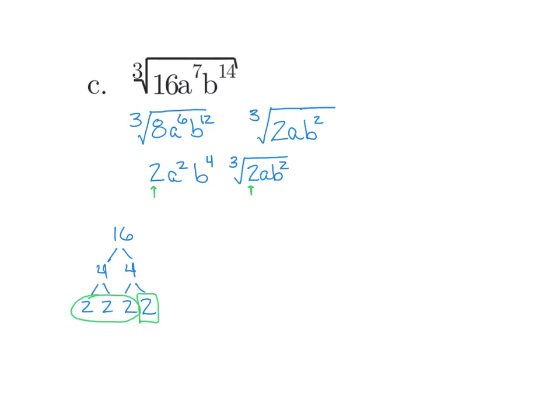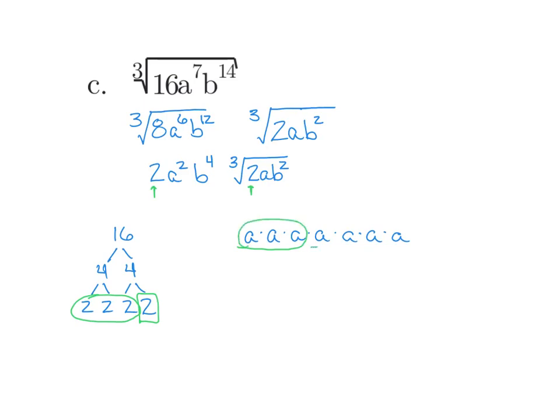Okay, let's look at a to the 7th, and let's write this out in expanded form. So a to the 7th, I have 1, 2, 3, 4, 5, 6, 7 a's. Again, I am looking for groups of 3.